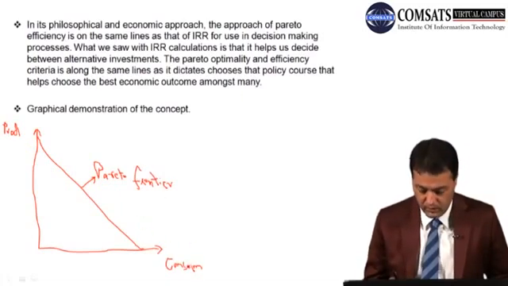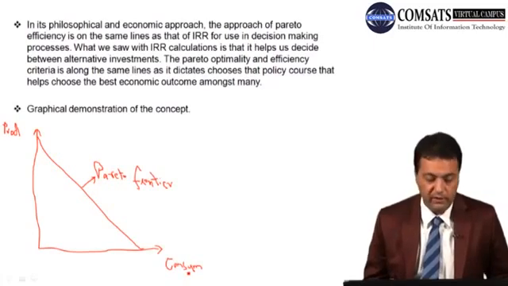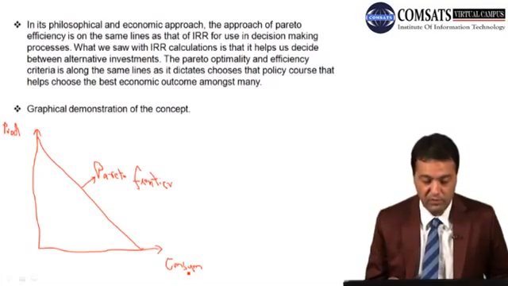So what we are doing over here is that we are considering that there should be no government intervention, as libertarians would have us believe, or would they say that the economy would work perfectly fine.